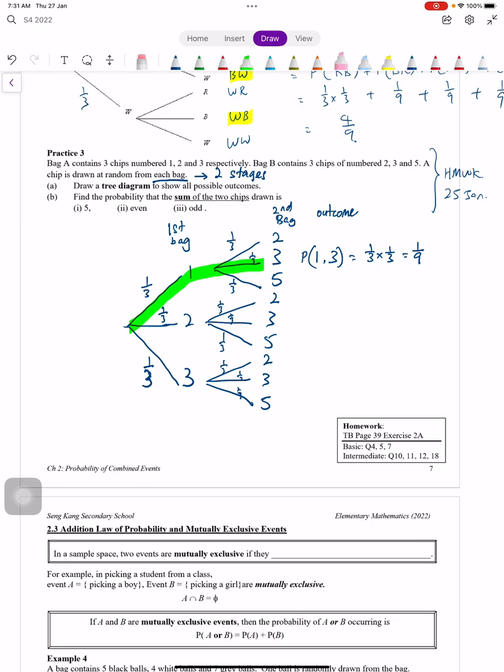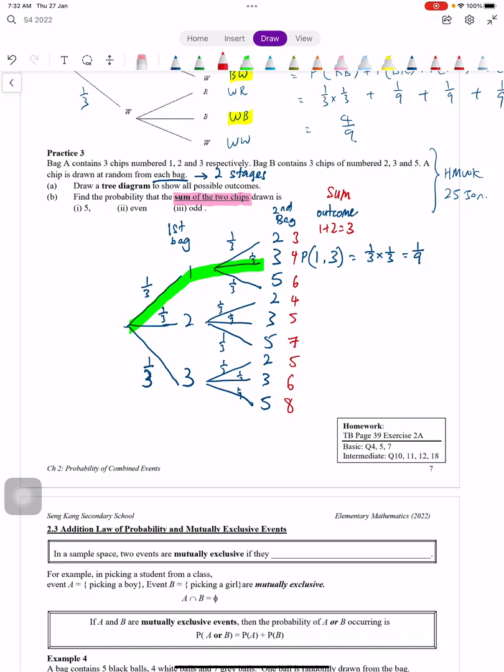Now let's look at the question. The question says I want the sum of the two chips. So let us do a simple addition for all the sum outcomes. The sum outcome for the first one will be 1 plus 2, so this is 3. The second one is 4. The third one is 6, 4, 5, 7, 5, 6, 8.